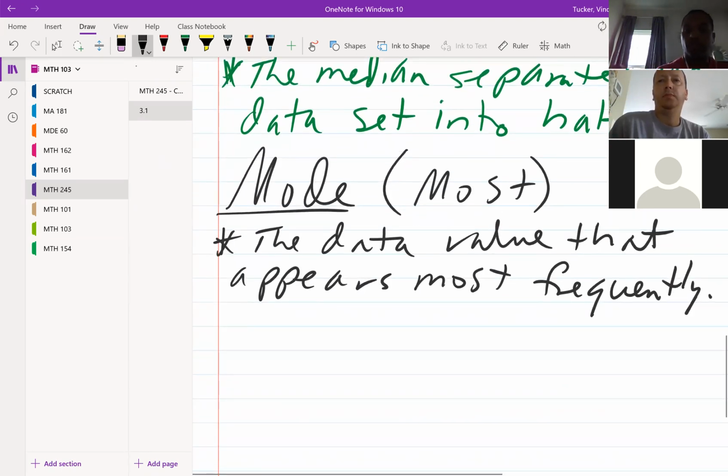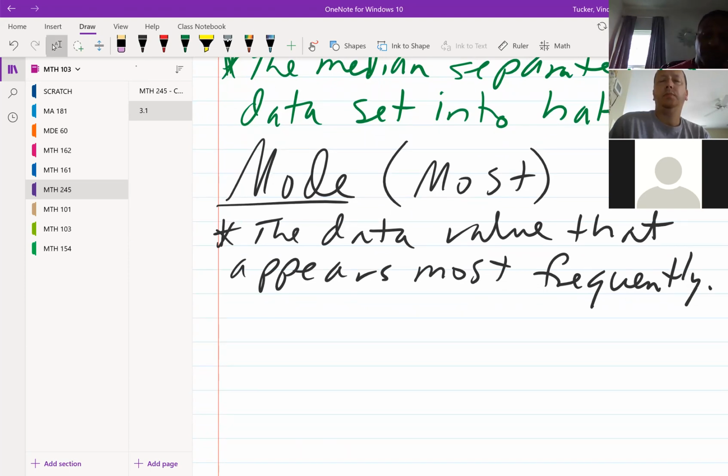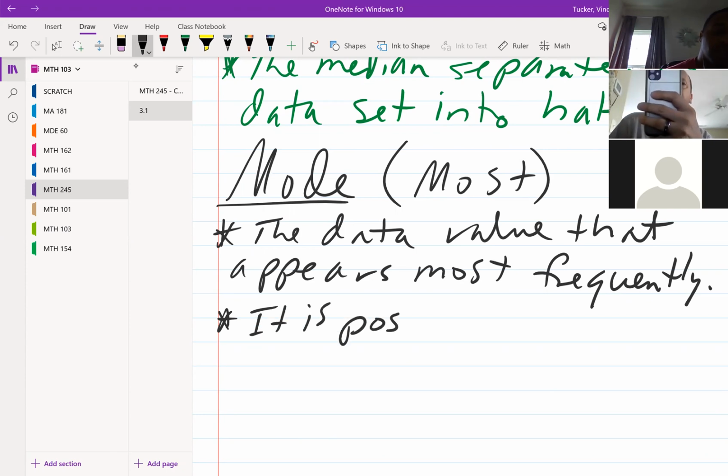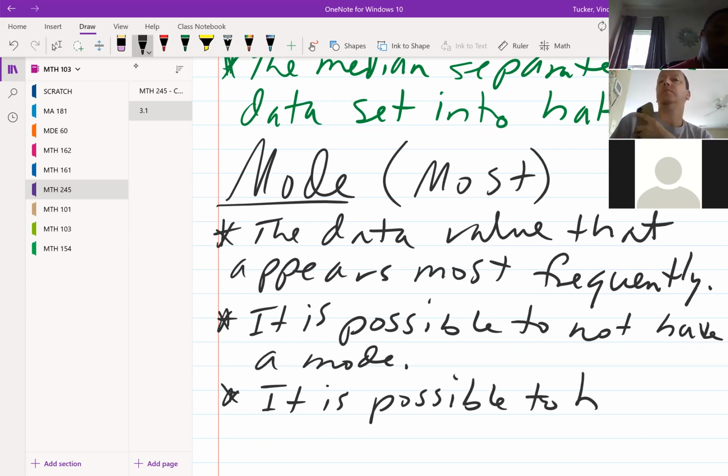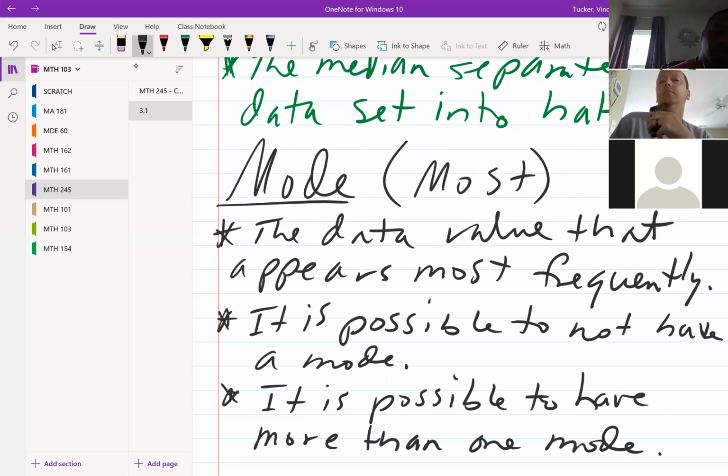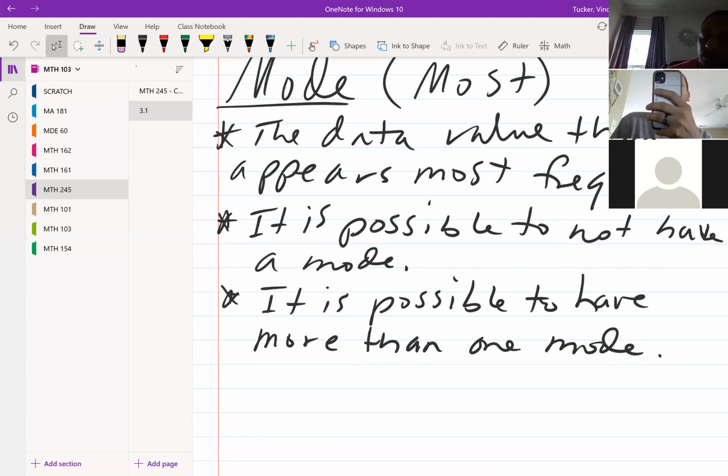All right. So your mode is going to be the data value that appears the most frequently. It is possible to not have a mode. It is also possible to have more than one mode.